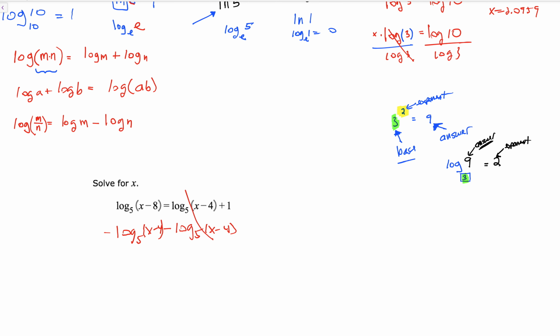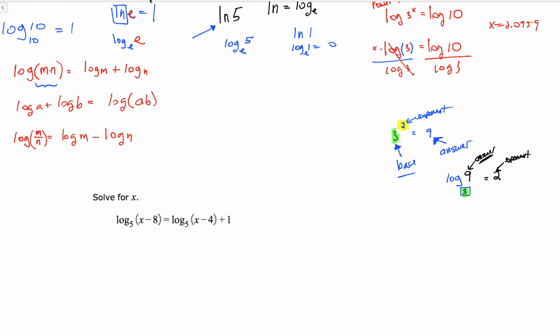Are you with me or no? Wait, it's all kind of squished in there. No, the whole thing's going for the ride. So minus log 5, the entire thing. Not yet. It will in a second. Oh yeah, it will. So that's gone, right?